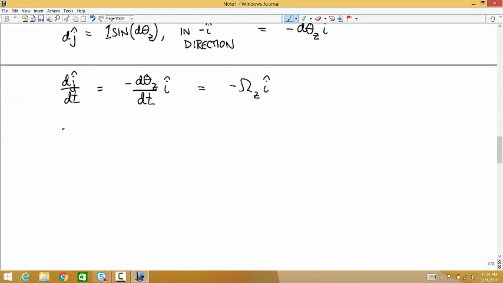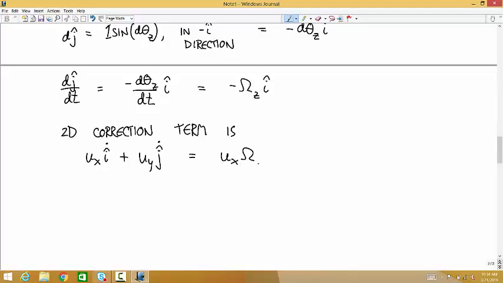The 2D correction term is ux times i dot plus uy times j dot. And so using these formulas that we just figured out, that's equal to ux times capital omega z times j minus uy times capital omega z times i.